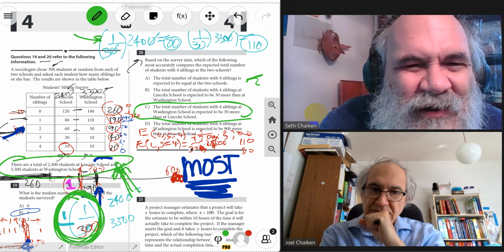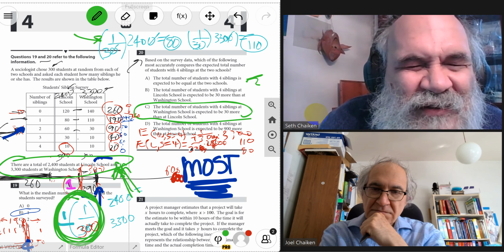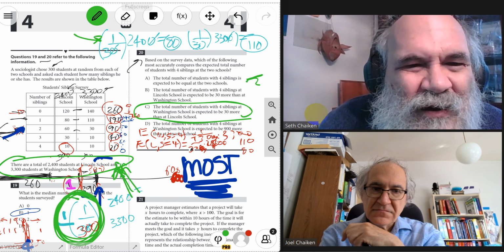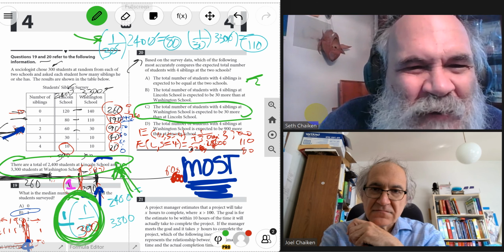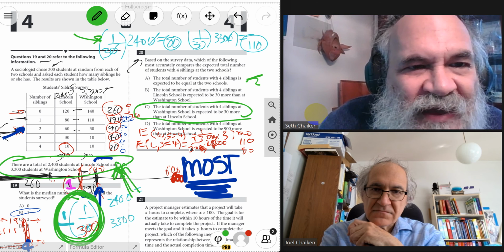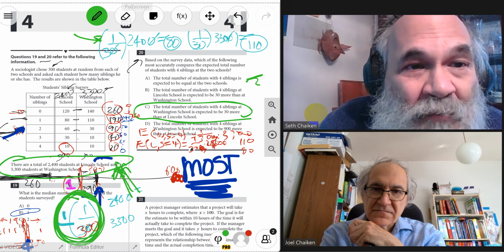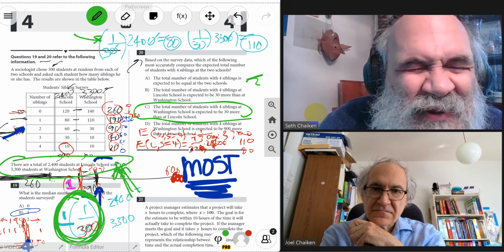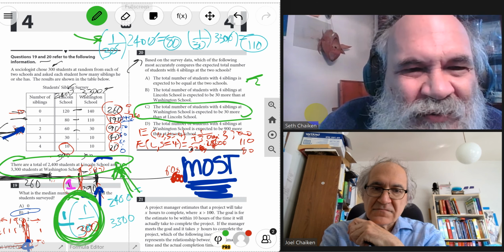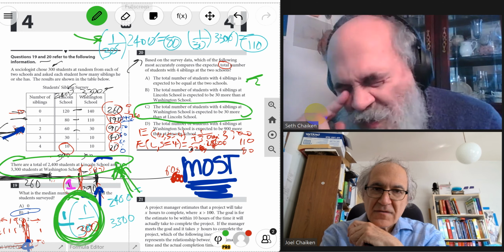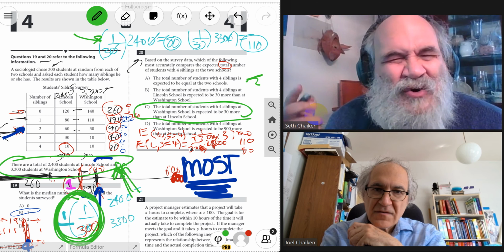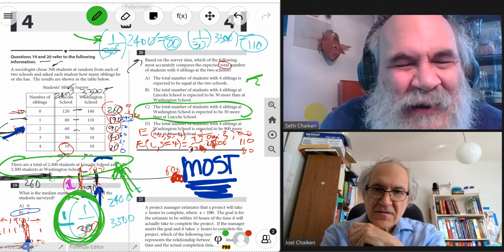Well, I think there's a piece of the question that's confusing. The top of the introduction to the question says it is about comparing the expected total number of students with 4 siblings at the 2 schools. The word "total" throws one off, and I think it shouldn't even be there.